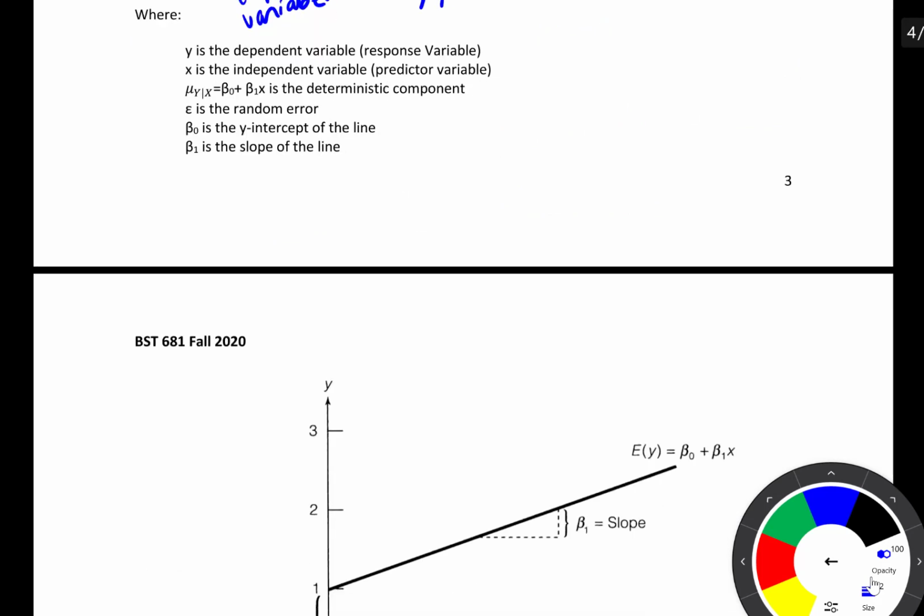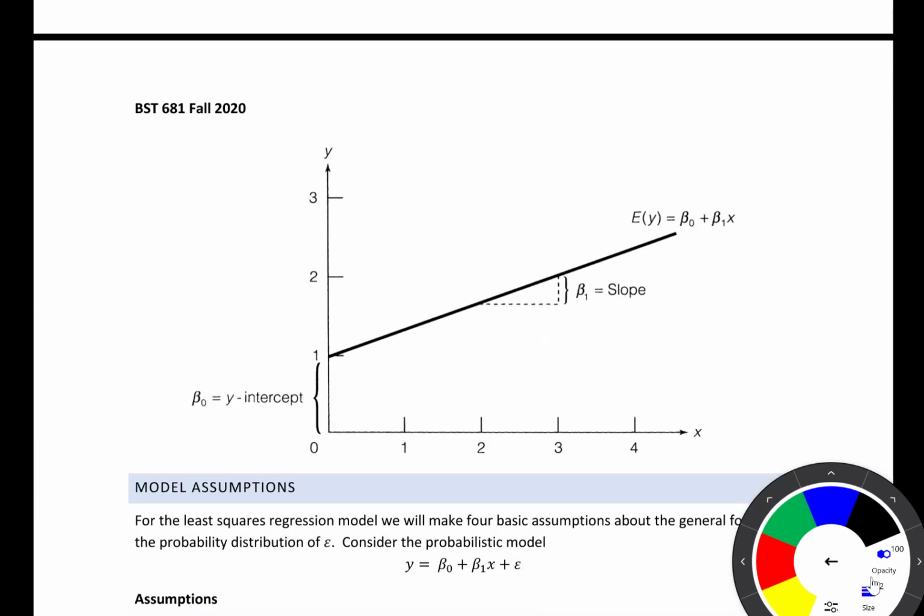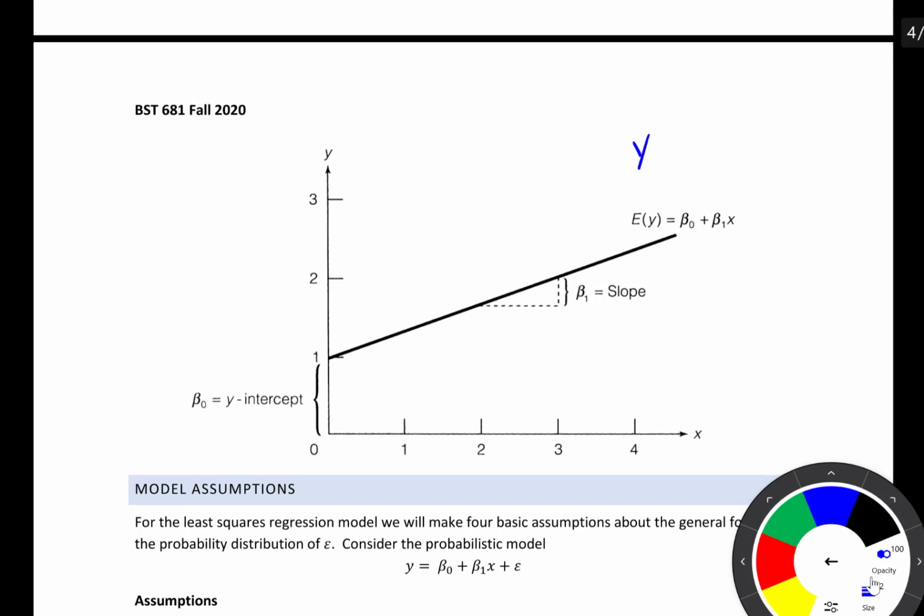So let's look at a picture of what this straight line model looks like. There are multiple ways that we can denote this. The one way that we just saw was that y was equal to beta naught plus beta 1 x plus epsilon. We could also denote this in terms of our expected value.